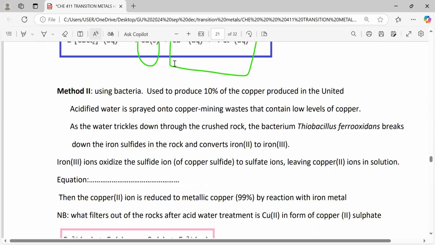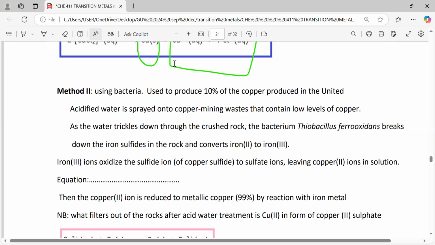Here, first of all, acidified water is sprayed onto copper mining wastes that contain very low levels of copper. As the water trickles down through the crushed rock, a bacteria called Thiobacillus ferrooxidans acts. You don't have to cram all this, but you just need to understand what happens.